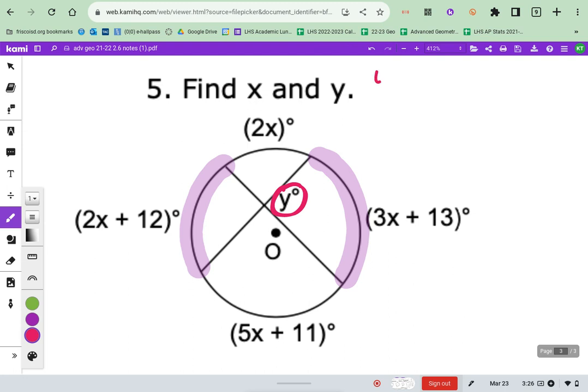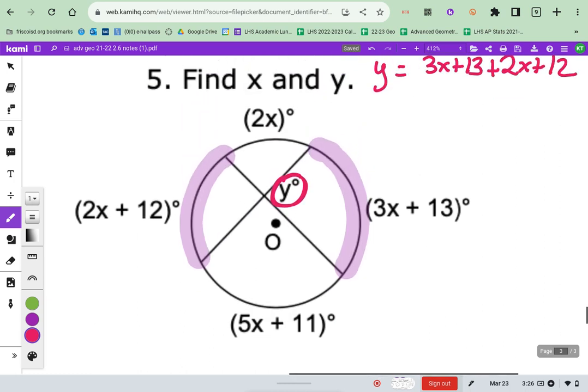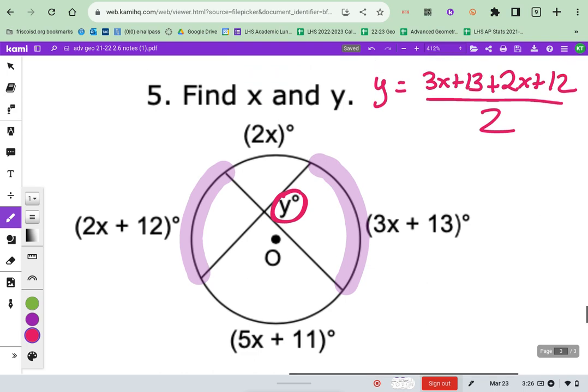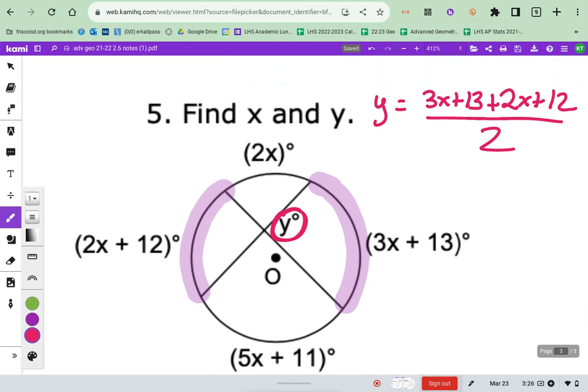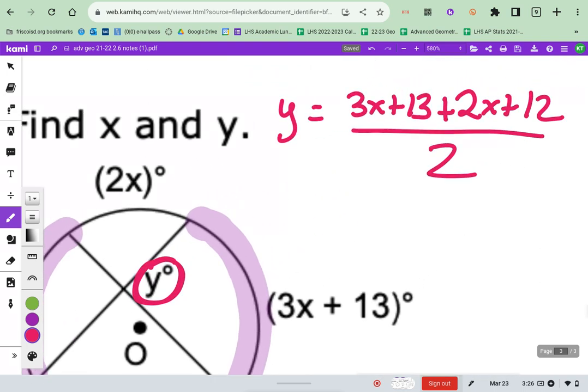So y equals 3x plus 13 plus 2x plus 12, all divided by 2. So we can simplify and get 2y equals 25 plus 5x.